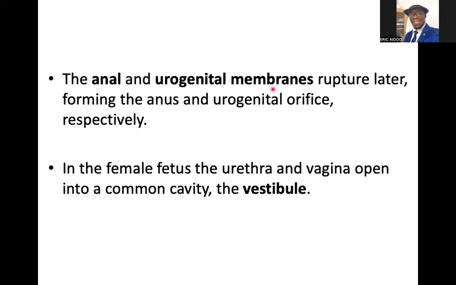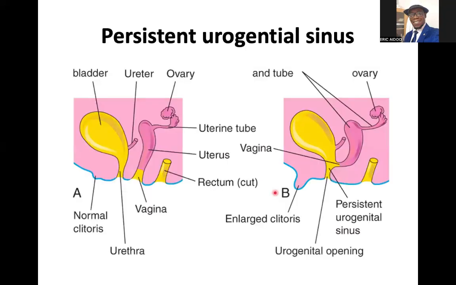So the inner urogenital membranes will later rupture, forming the anus and urogenital orifice respectively. In the female fetus, the urethra and vagina open into a common cavity known as the vestibule. So you can have some problems. This is the normal thing that should go on: urethra, bladder. Remember that the bladder is forming from a portion of the urogenital sinus.